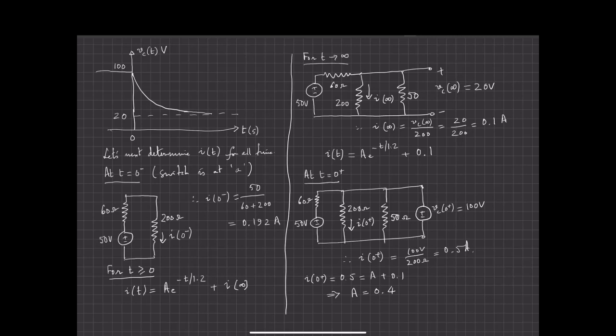Let me now write all of this down on the next page. Remember that for t less than 0, the current I is 0.192, and it's heading towards I of infinity, which is 0.1. And at 0, there's a jump.